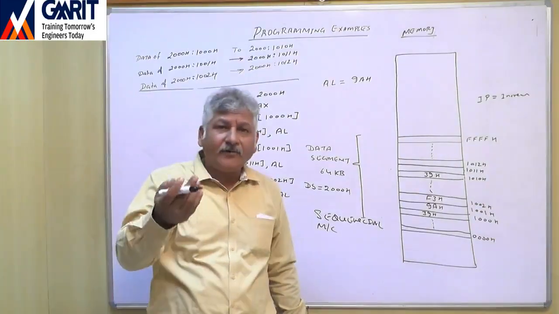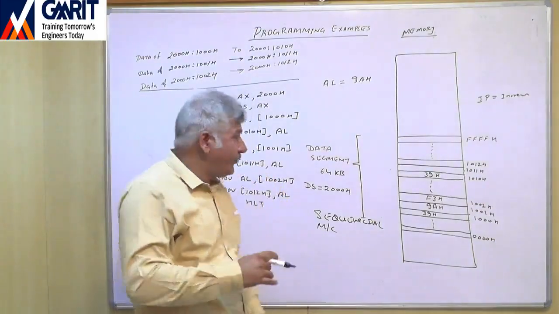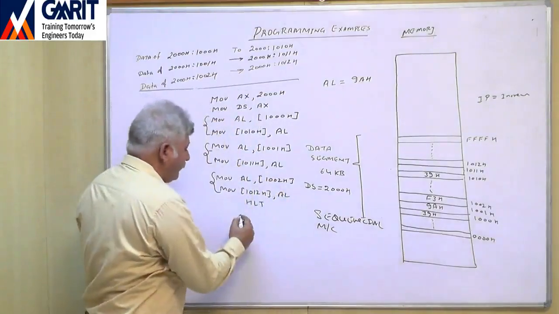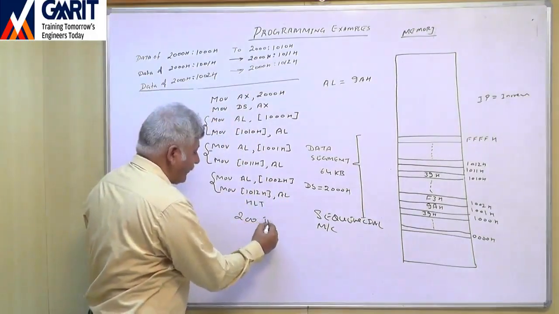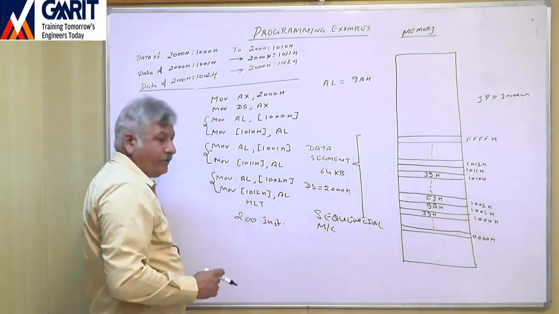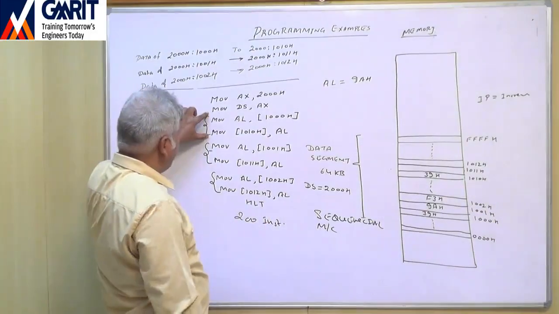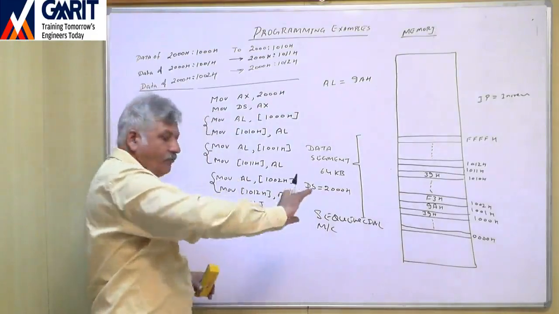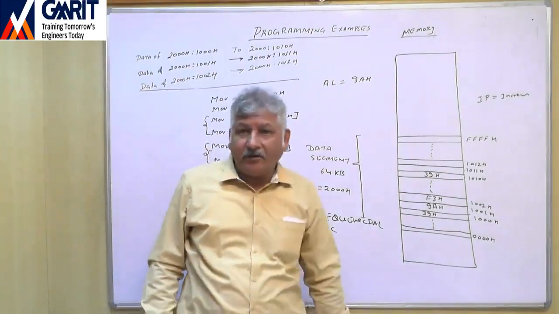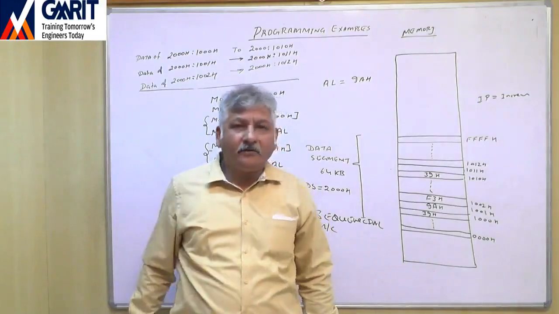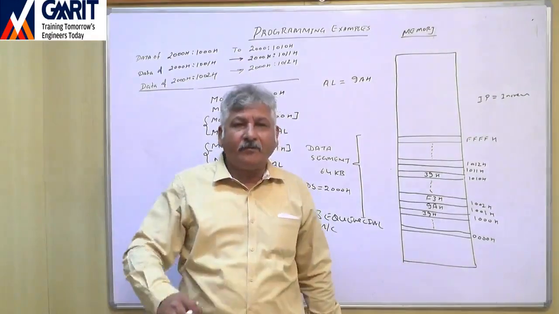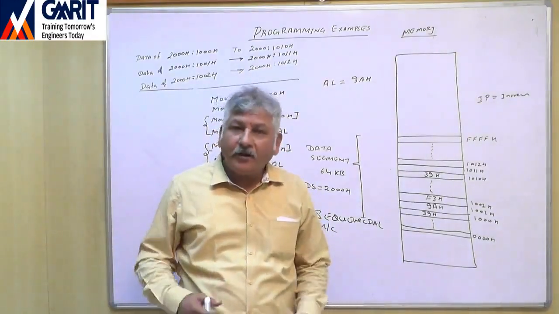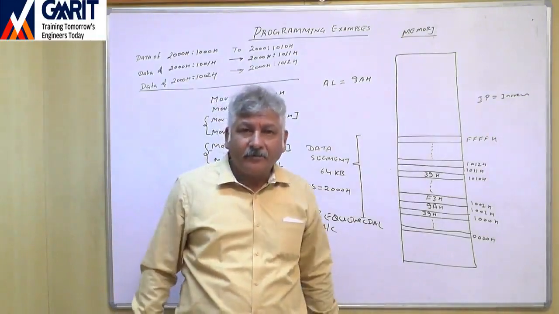Then we can transfer 100 bytes. Means in total we require 200 instructions, because 2 instructions are required to transfer 1 byte. So to transfer 100 bytes we require 2 into 100, that is 200 instructions. If we are transferring 1000 bytes, then we require 2000 instructions.